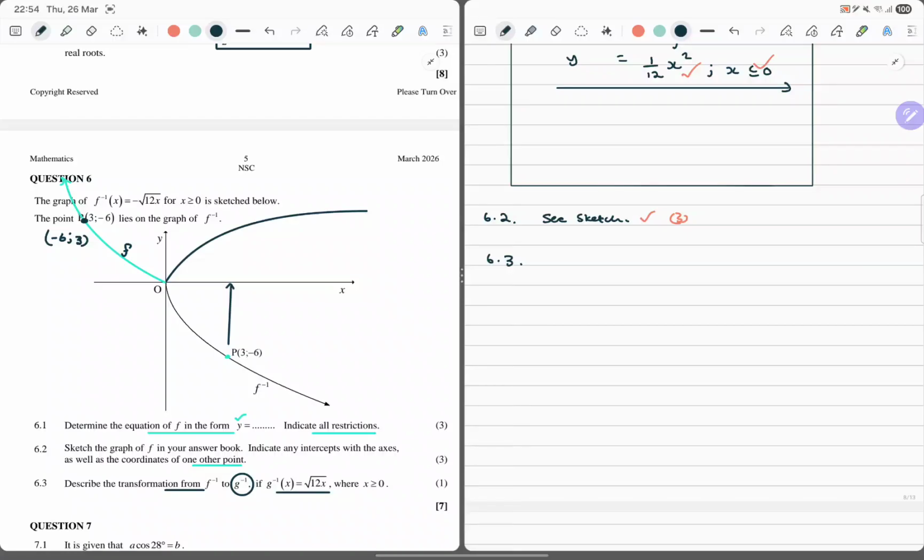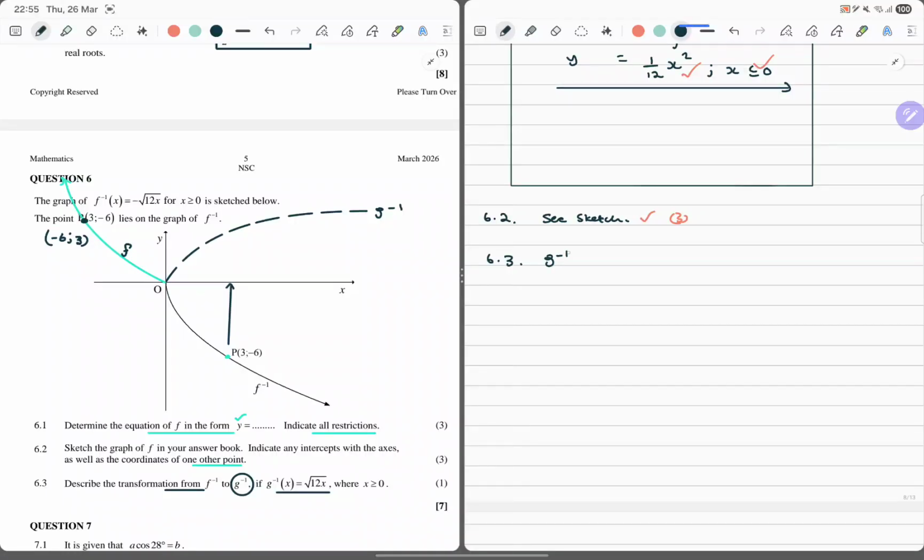Something like that. So that would be the g inverse. Of course, you don't have to draw this. I'm just showing you guys how it would look.